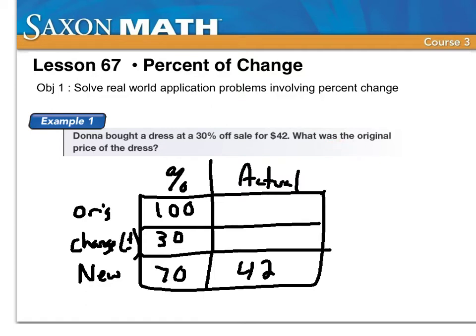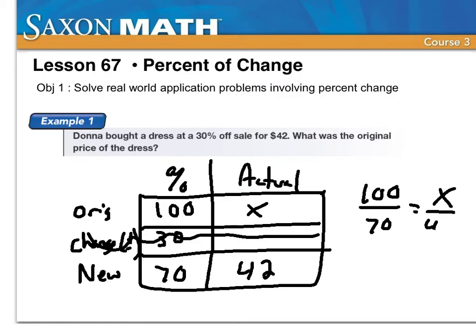And then we want to know what was the original price of the dress, so we want to figure out this. So now we're not so concerned about the amount of change. And we're going to set up a proportion to solve this. So I'm going to put 100 over 70 equals x over 42 and figure out the original price of that dress.